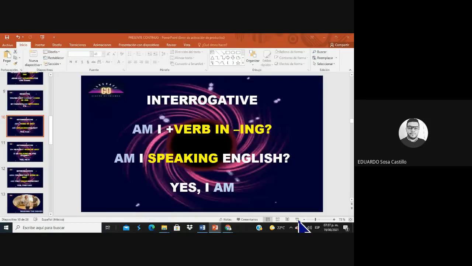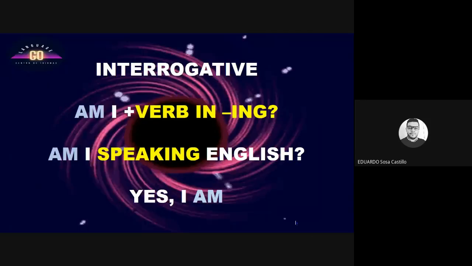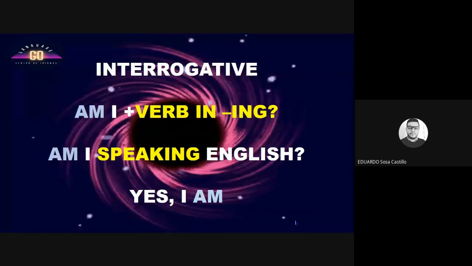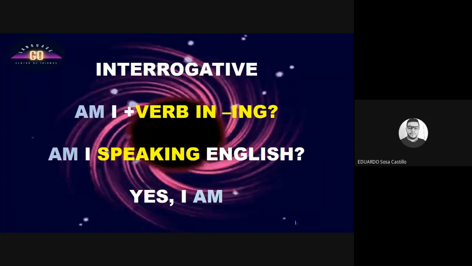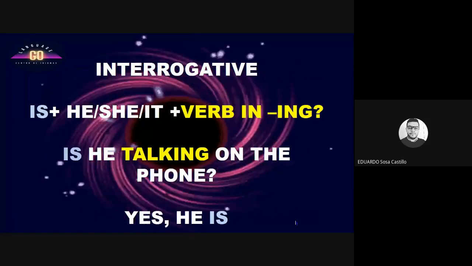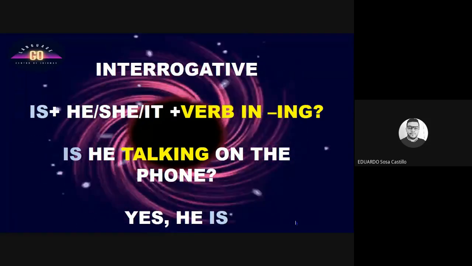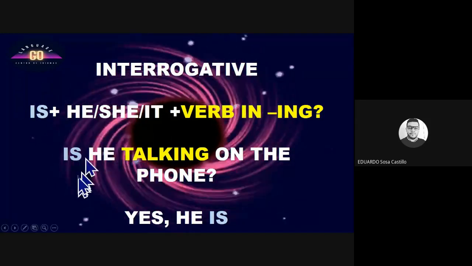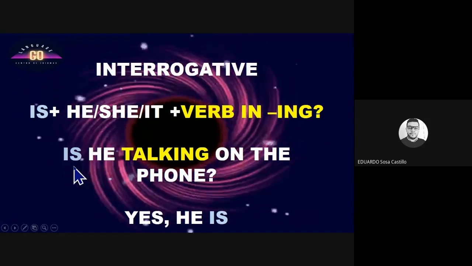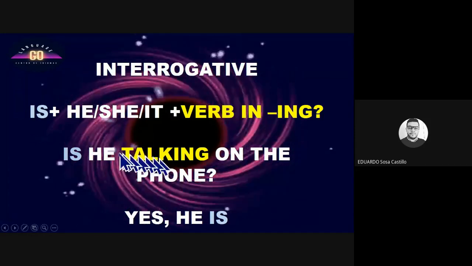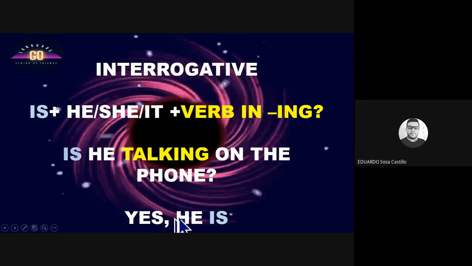So let's go back to the presentation so that we can see it. And we have here the questions. We have here, am I speaking in English? Yes, I am. And for the interrogative, look at this. Is he talking on the phone? Yes, he is.